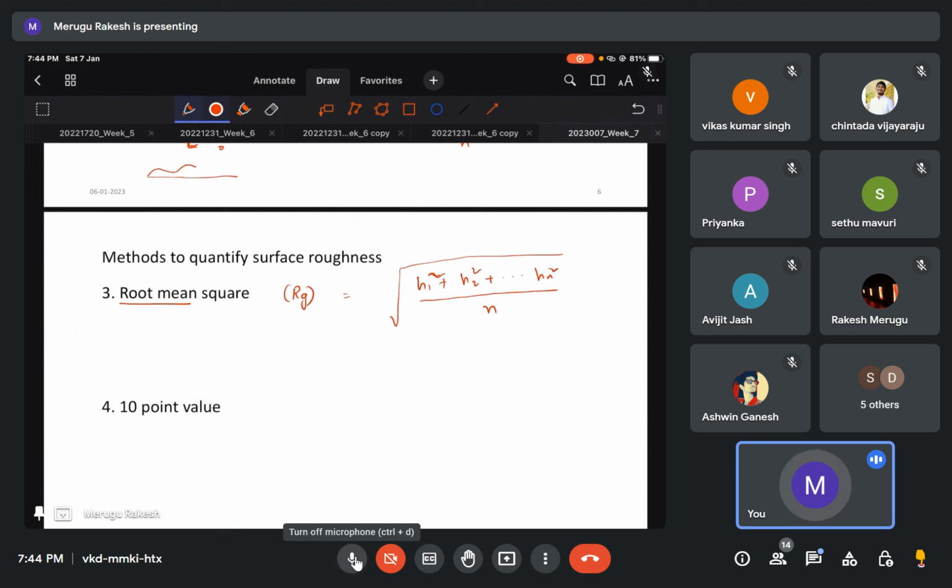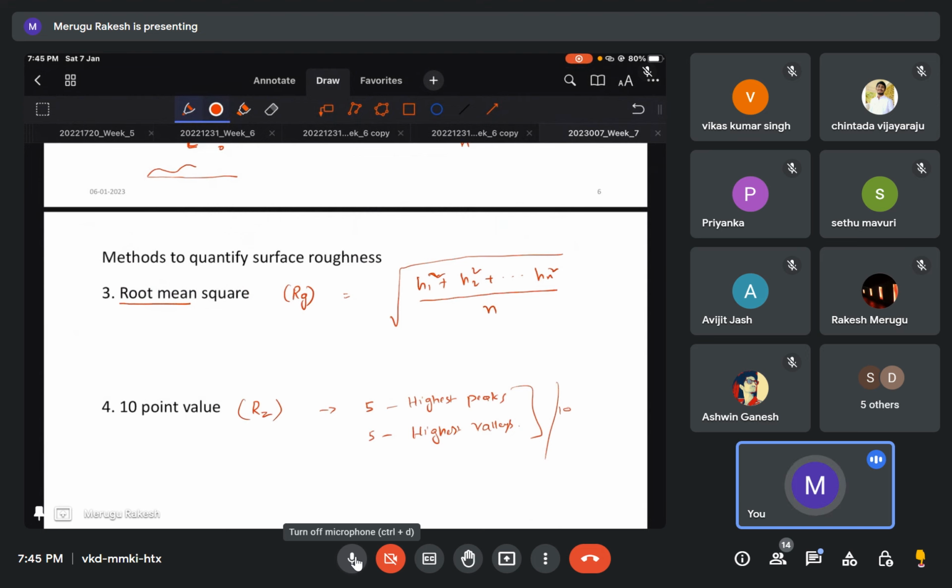Then the 10-point value, also called Rz, is the average of 5 highest peaks as well as 5 deepest valleys. Just take the average. So that is the 10-point value, or the Rz value.